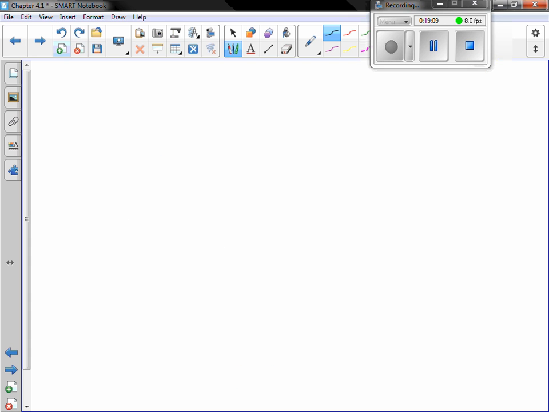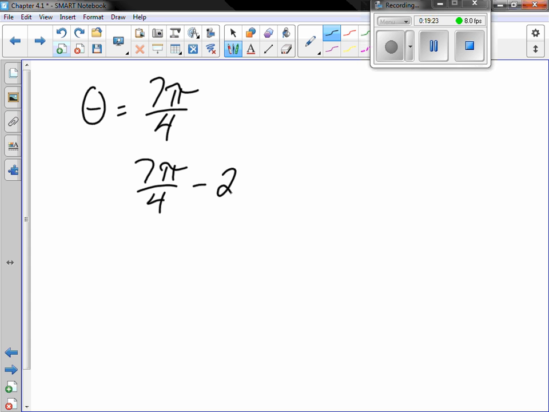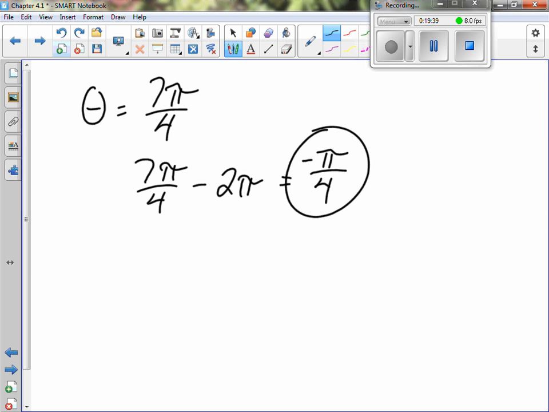Yeah. So we could talk about theta being 7 pi over 4. I want to find another positive and negative coterminal angle. So I could start off, if I want to, by subtracting 2 pi to see if I get a positive or negative. And this would be negative pi over 4. So that gives me my one negative, yes? So I still need the positive, so I can do what?